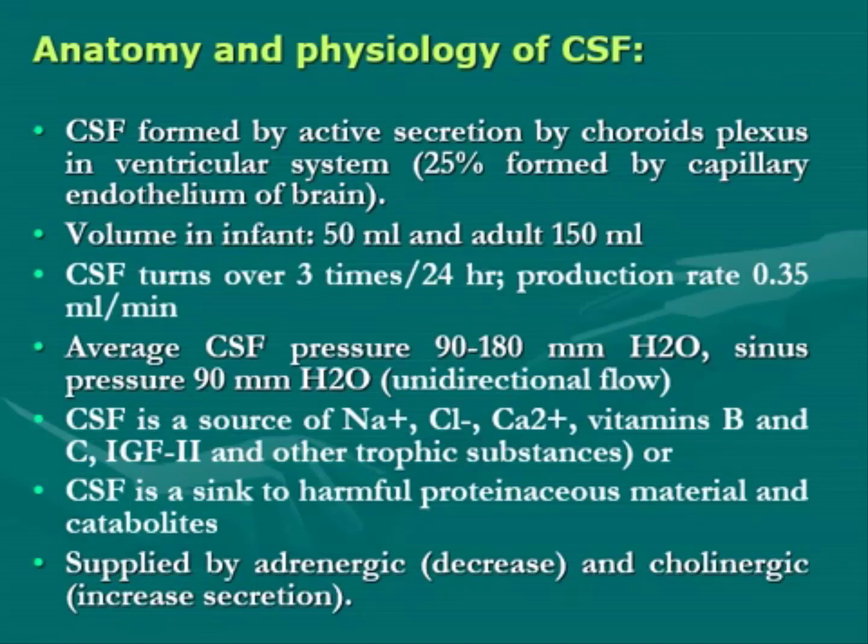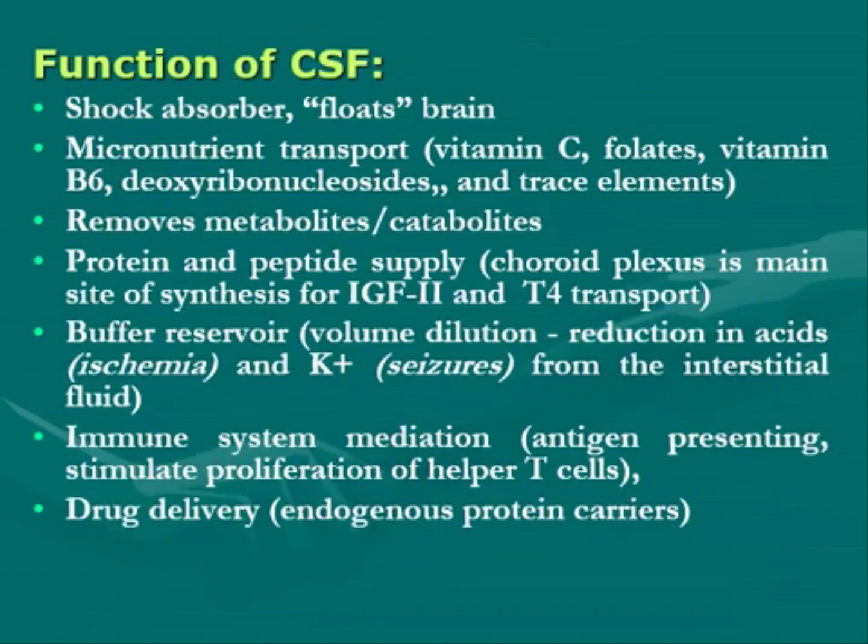The CSF is considered a source of sodium, chloride, calcium, vitamin B, insulin growth factor 2, and other trophic substances for the brain. The CSF is a sink for harmful proteinaceous material and catabolites. The adrenergic decreases CSF production, the cholinergic increases CSF production.